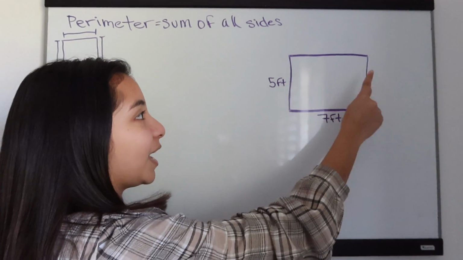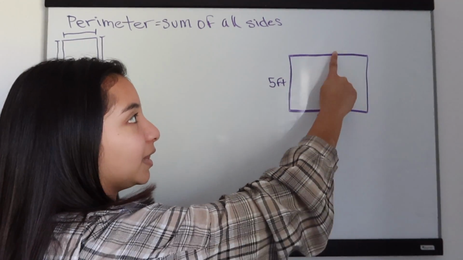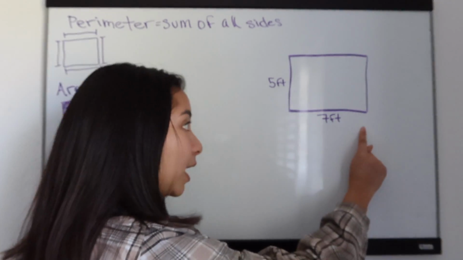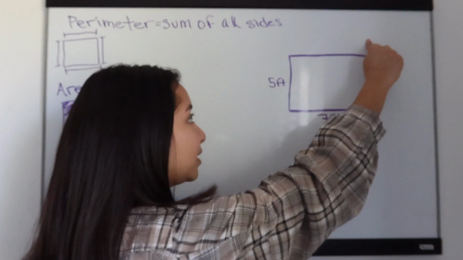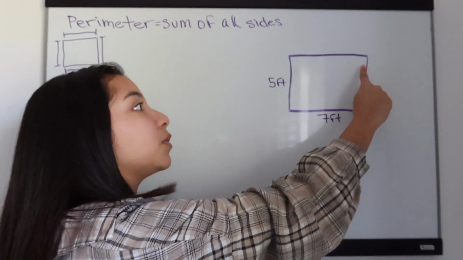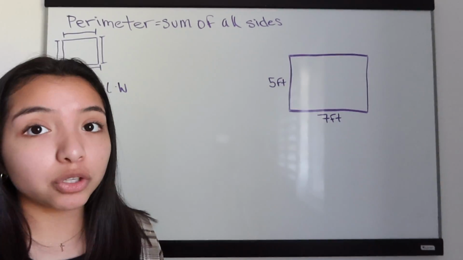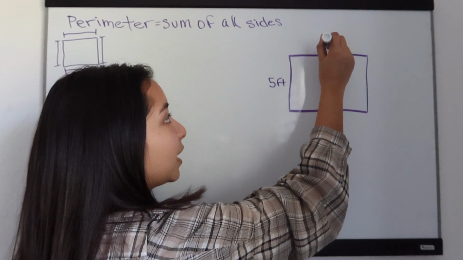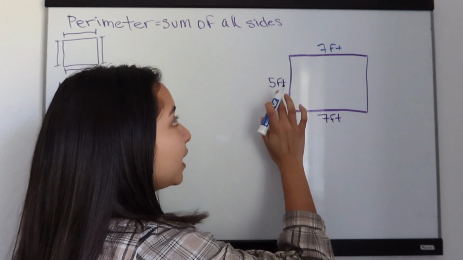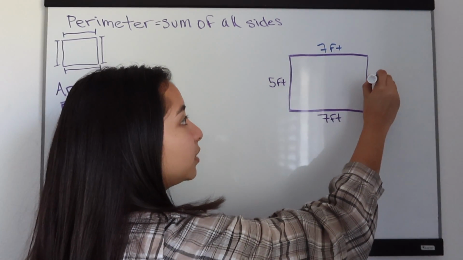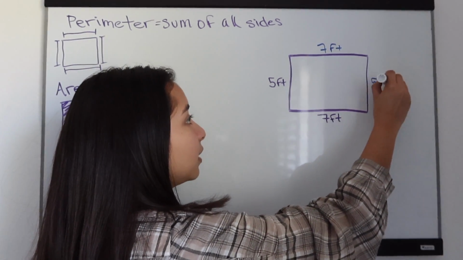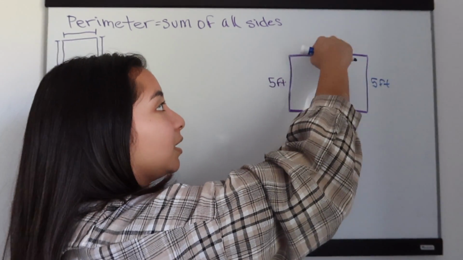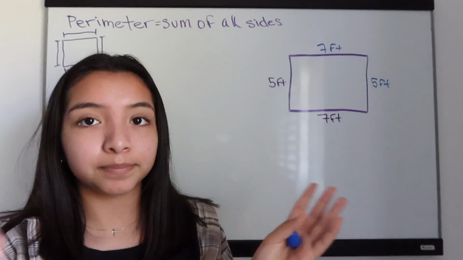This side and this side are a pair, and this side and this side are a pair, which means that the length of this side is equal to the length of this side, and the length of this side is equal to the length of this side. So if that is true, then this side is equal to 7 feet, and this side is equal to 5 feet, because this is the same length and this is the same length.